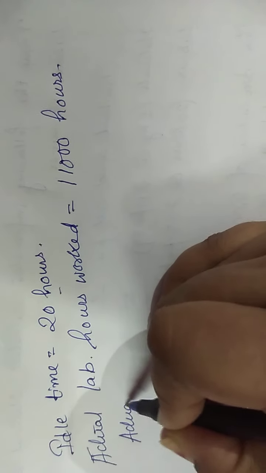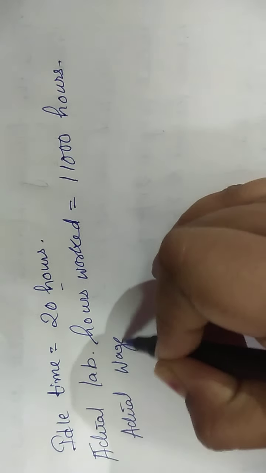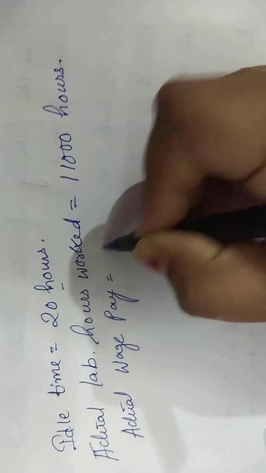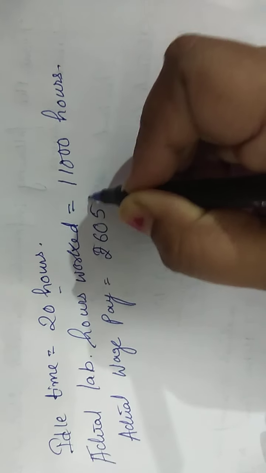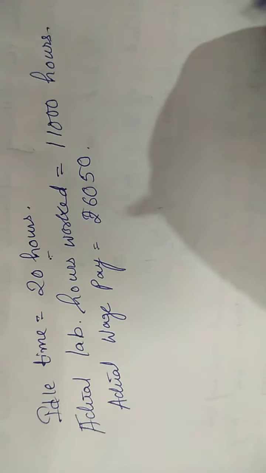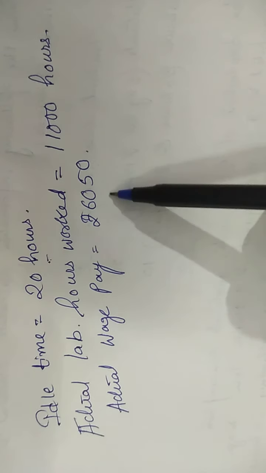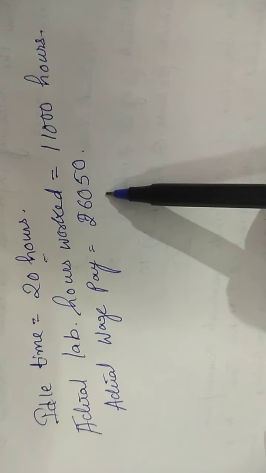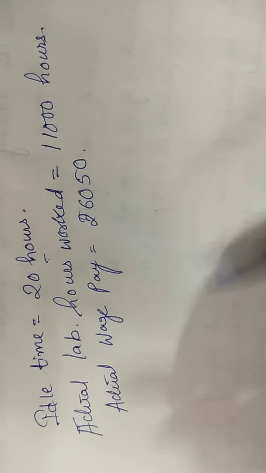Okay, actual wages paid, actual wage payment is 6050. I pay for the idle time as well. Just because you're having your lunch or taking rest for some time, your wages will not be cut off. So we pay for the idle time as well.